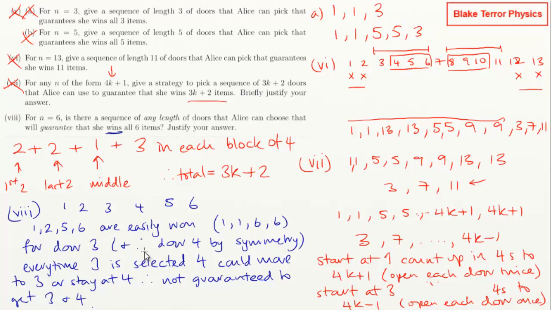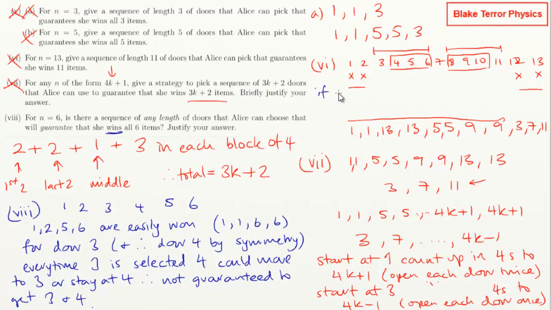I mean, this might be a different way of looking at it. If you've got some strategy where Alice can guarantee she's going to get every single item, then there has to be nothing that the host can do about it. Maybe that's another way of going about it. So maybe I could stick that in.